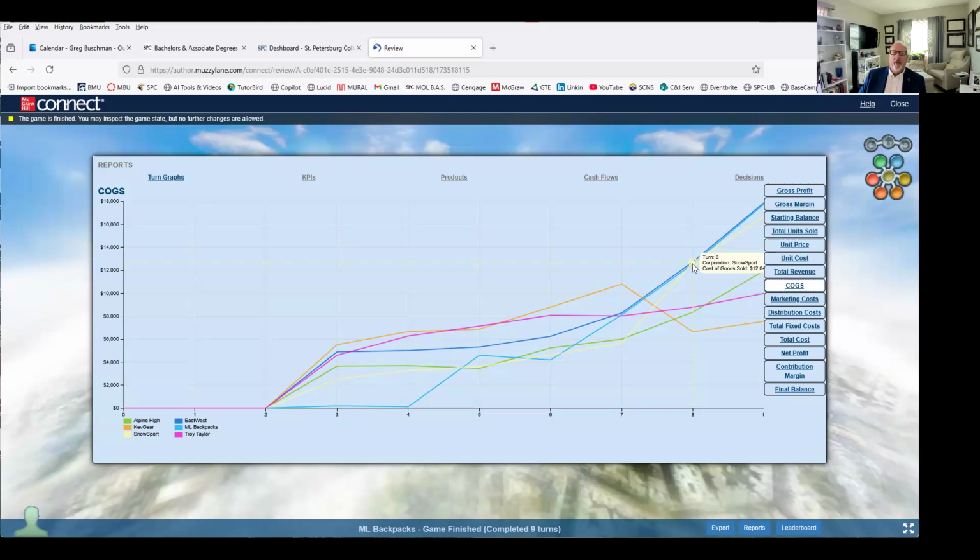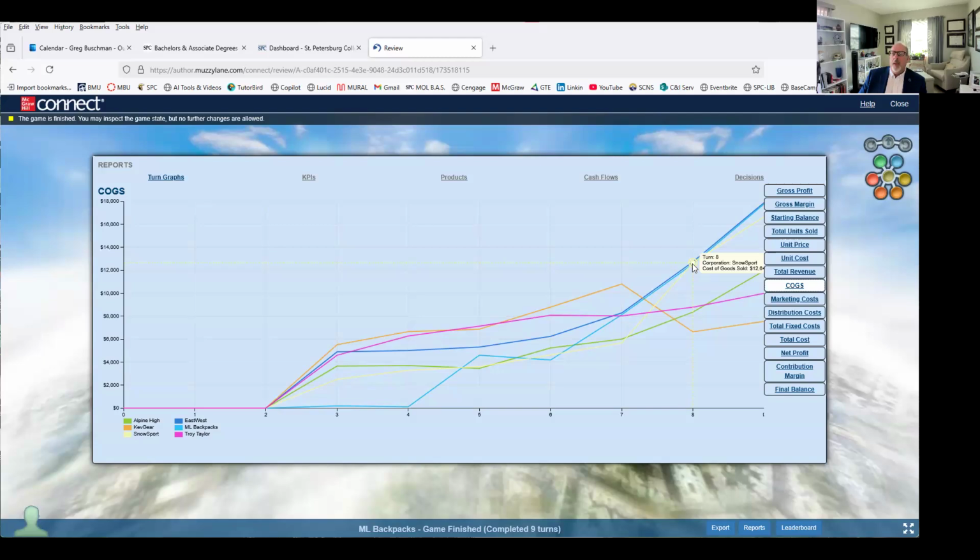Electricity, the amount of supplies that you need. Because when you're manufacturing the backpacks, it takes a certain amount of materials and a certain amount of parts, based on how many backpacks you're actually producing. And so cost of goods sold is literally everything that goes into producing that backpack, marketing it, advertising it, and putting it out there on the open market.